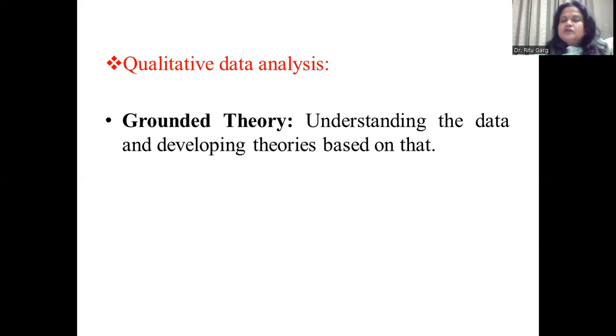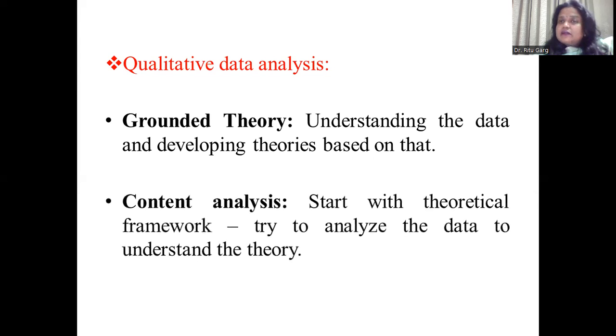In grounded theory, we understand the data and develop theories based on that data. Another method is content analysis. Content analysis starts with a theoretical framework, and we try to analyze the data to understand the theory. This is known as content analysis.